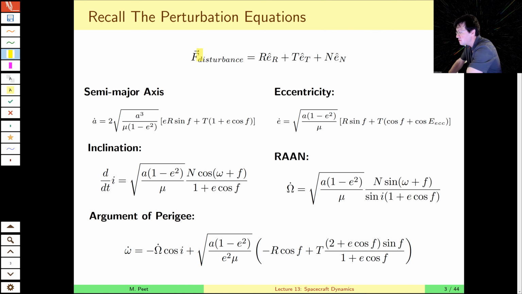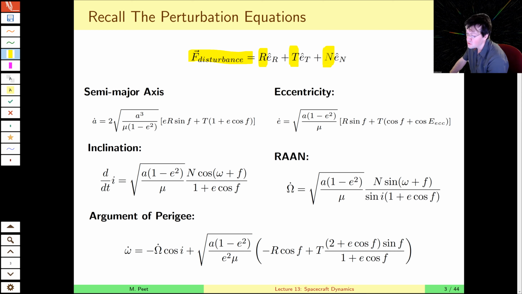Right. So if you remember from the last lecture, we talked about breaking down our disturbing forces into three components: the radial, the tangential, and the normal. So normal to the orbital plane, tangential to motion, sort of, and radial as in pointing towards the Earth or away from it. We developed expressions for the rate of change of these orbital elements as a function of time.